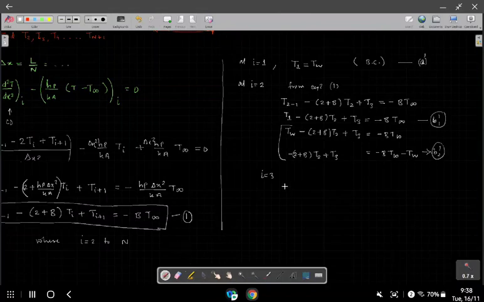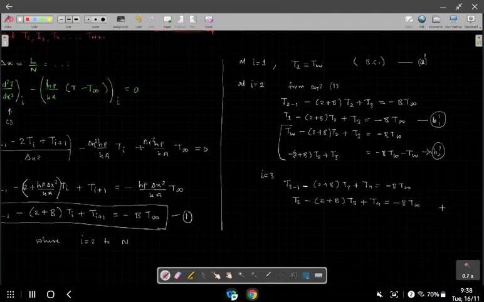From equation number 1, again, T3 minus 1, so T2 minus 2 plus B T3 plus T4 is equal to minus B T infinity. And this is C prime.